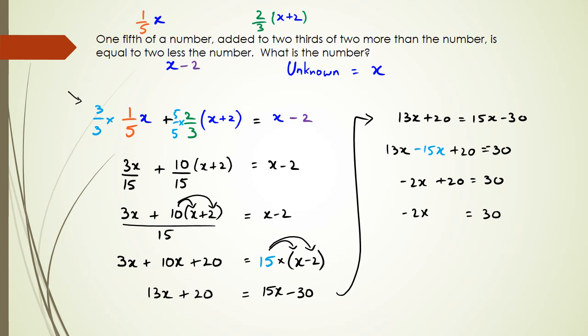Oops, sorry, that's a minus 30 there. And when 20 comes across, it's negative 20. So I've got negative 2x is equal to negative 50. And then x is equal to negative 50 divided by negative 2. And so therefore x is equal to 25. So the unknown number in this case is actually 25.